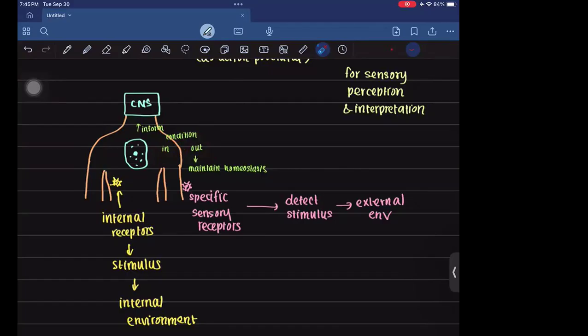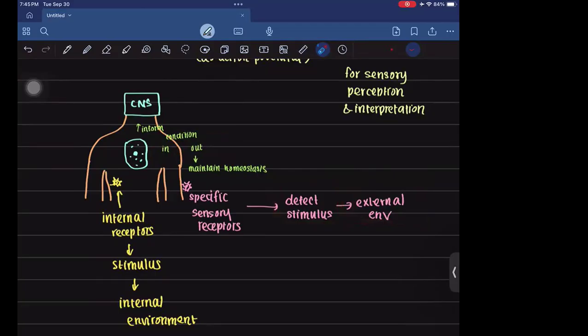So what will the sensory receptors do? They can inform the central nervous system about the conditions inside and outside the body in order to maintain proper homeostasis. If you take specific sensory receptors, they can detect the stimulus from the external environment.